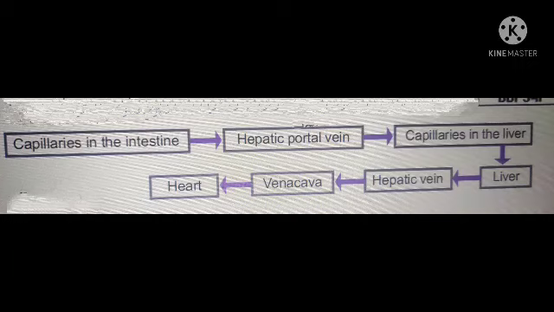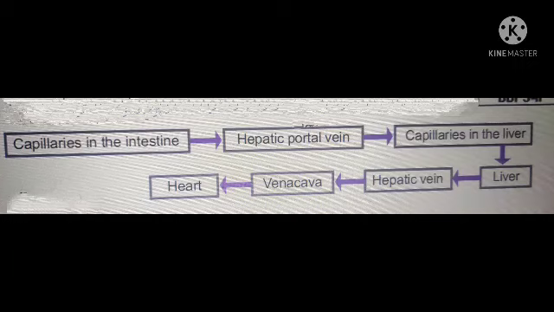Who transports this blood to the liver? Yes, the capillaries present in the liver. And the liver transports the blood to the hepatic vein, and from the hepatic vein the blood gets transported to the largest vein, vena cava, and from vena cava to the heart.